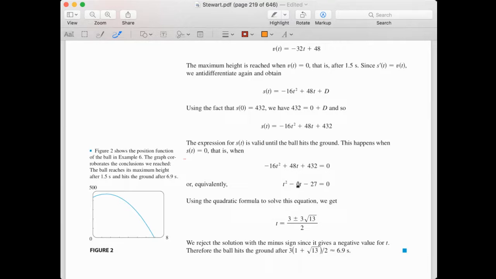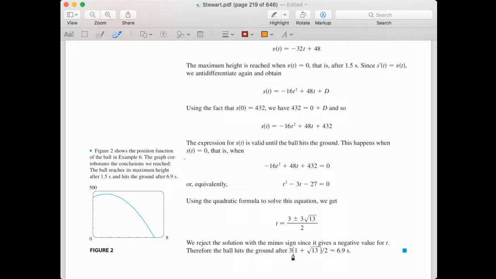This is not factorable. We use the quadratic formula. So we have negative b plus or minus the square root of b squared minus 4ac. We simplify and get 3 plus 3 square root of 13 divided by 2, or 3 minus 3 square root of 13 divided by 2. We see 3 minus 3 square root of 13 will be negative. We don't measure time negatively, so we reject the negative value.